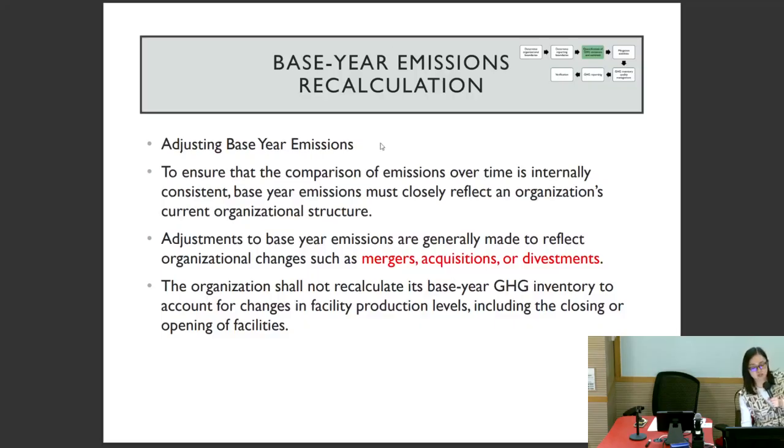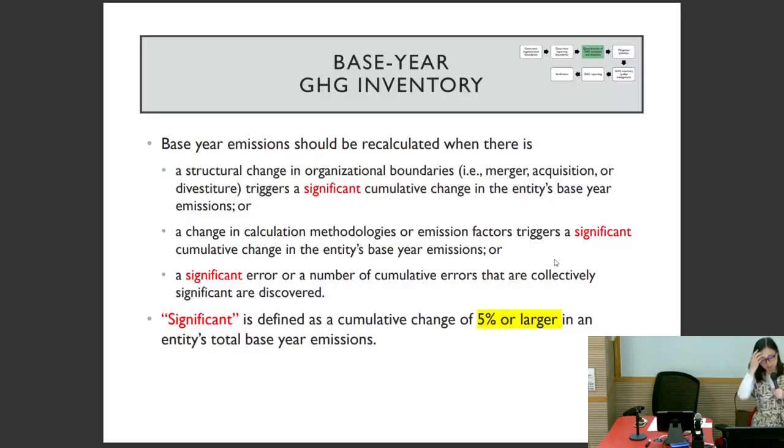So generally, only if there is a merger, acquisition or divestment, then you may need to recalculate the base year emissions. So base year emissions should be recalculated when there is a structural change in organizational boundary, like merger, acquisition, or divestment, and it triggers a significant cumulative change in the entity's base year emissions, or there is a change in calculation methodology or emission factors that triggers a significant cumulative change in the entity's base year emissions.